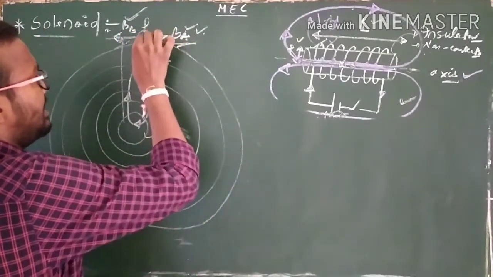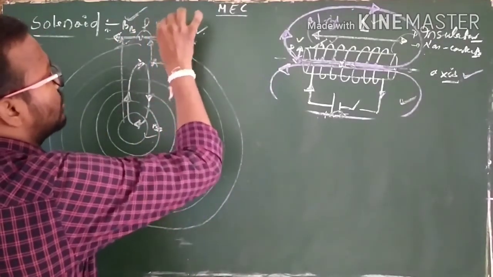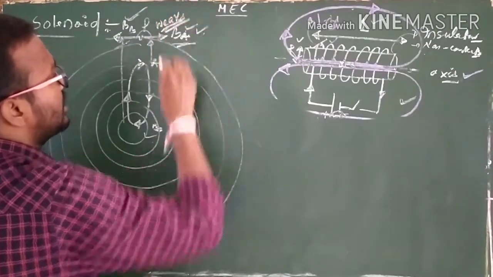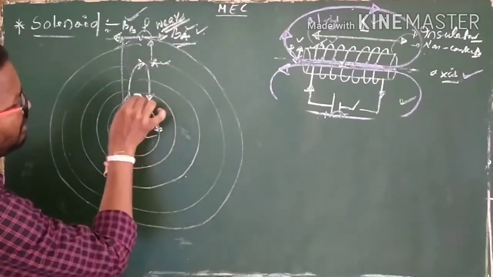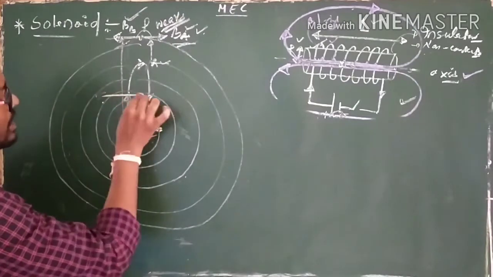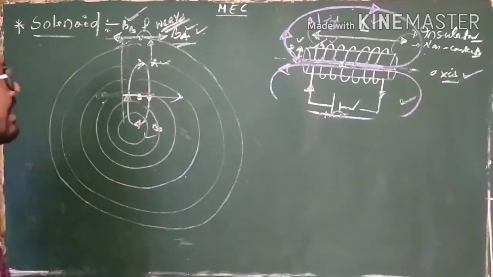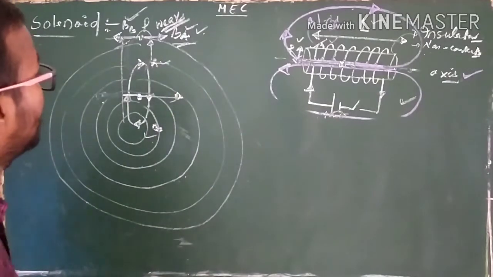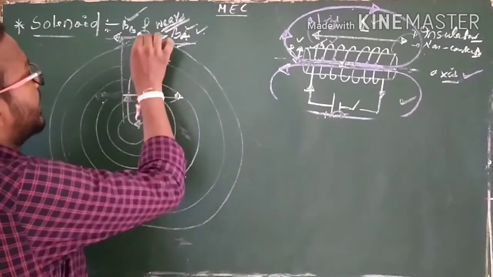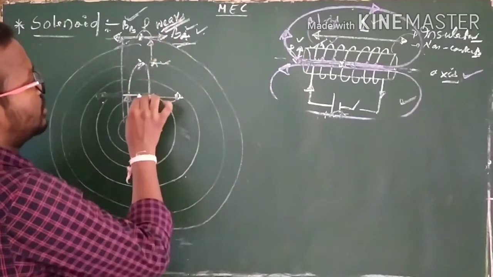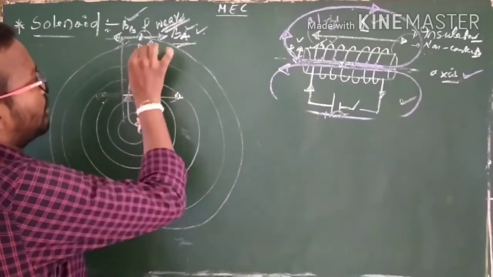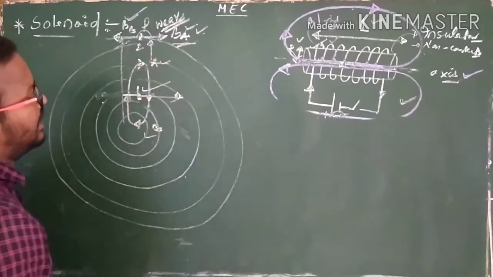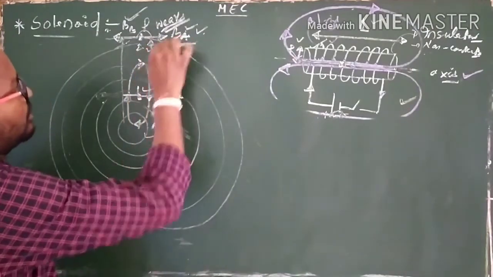So at point P, the magnetic field strength is very weak compared to the central point, the center of the coil. Clear? So if we compare these two points, point 1 and point 2, then the magnetic field strength is very large at point 1 as compared to point 2.